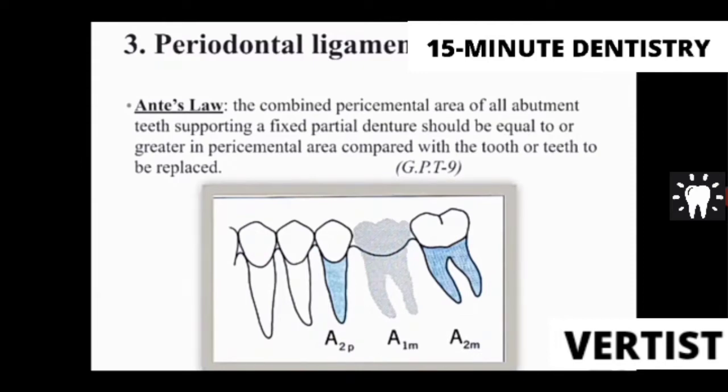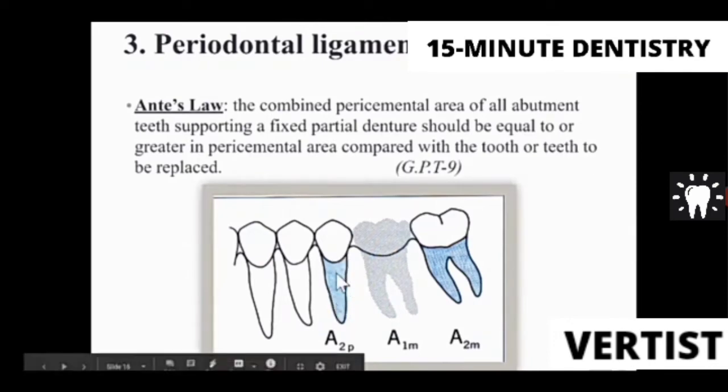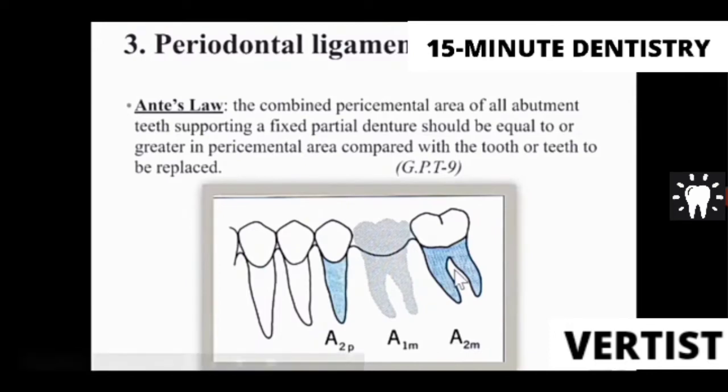In this situation, the pericemental area of the mandibular second premolar combined with that of the second molar should be equal to or greater than the tooth being replaced, which is the mandibular first molar.